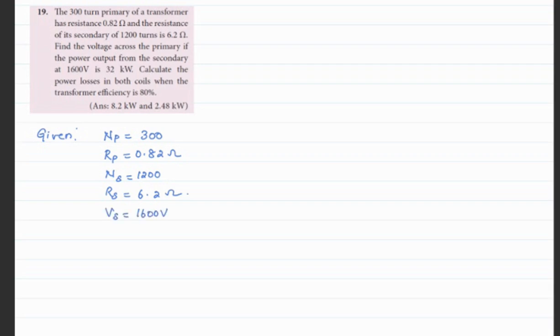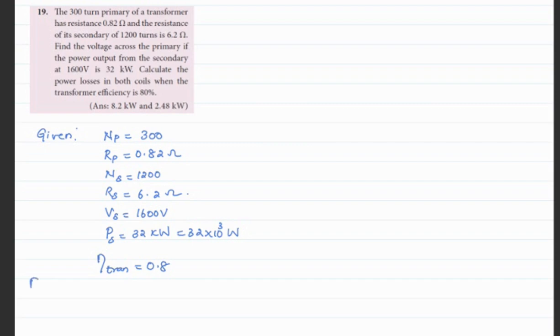The power output means output power: the main supply is the input, the primary, and the output or load is the secondary. So P output or P secondary is equal to 32 kilowatt, which is 32 into 10 power 3 watt. The efficiency of the transformer is given as 80%, which is 0.8.